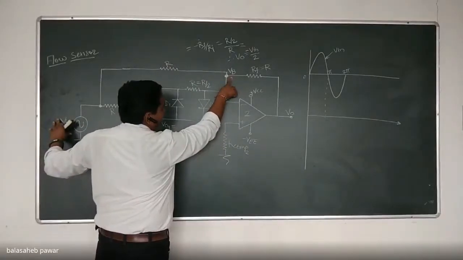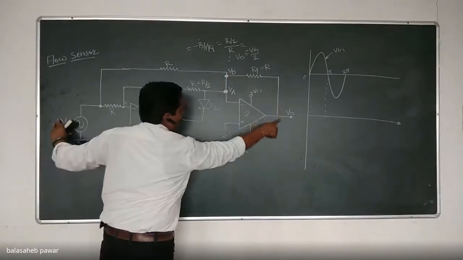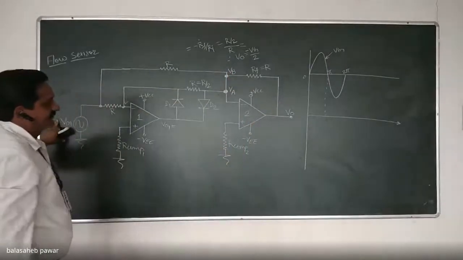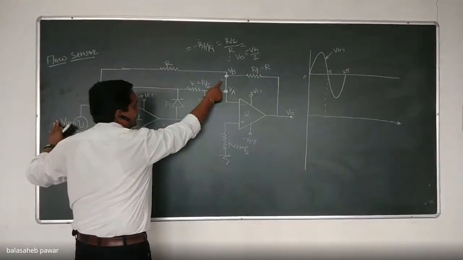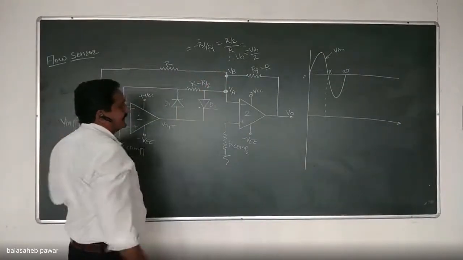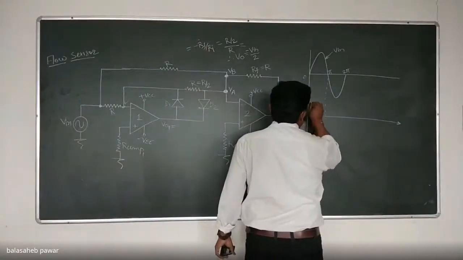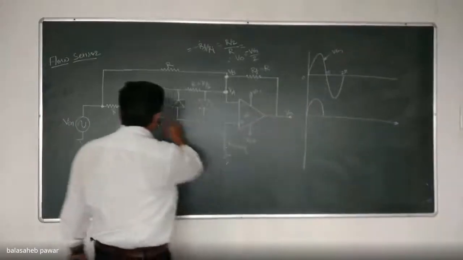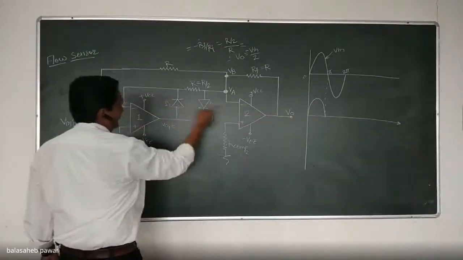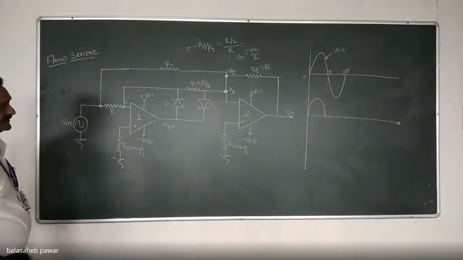So VB is nothing but the positive half cycle, and by that, the output of the second op amp will again be RF by R1 times the input. So you will observe the net output of this circuitry will be the positive half as it is, dual inverting configuration. Right? You just have to add it.